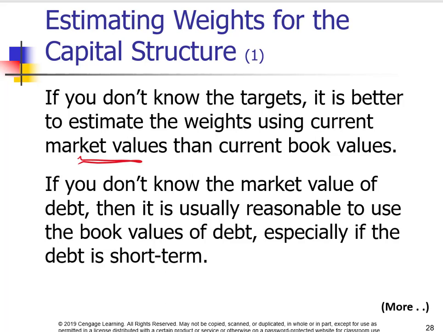So that means we're going to issue stock at their current market value, not at their book values. And the place where this would be most obvious, I think, is with common stock and preferred stock, because their book values don't change much over time, but their market values certainly do.